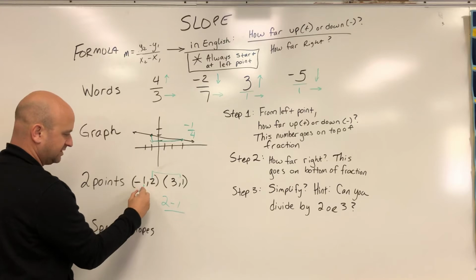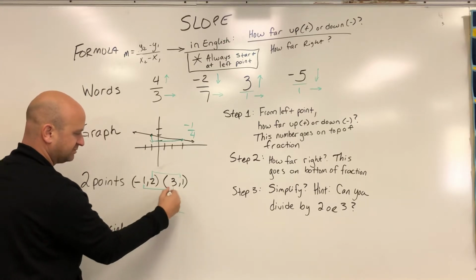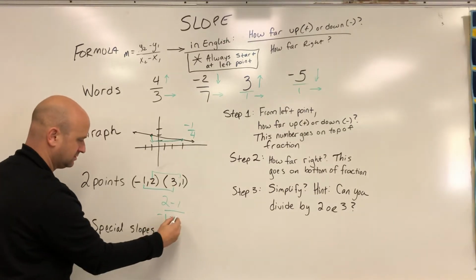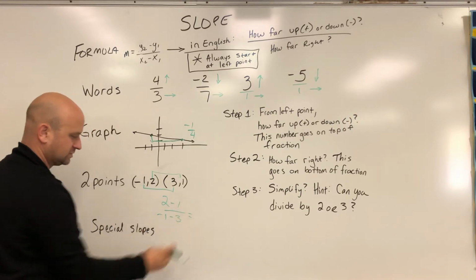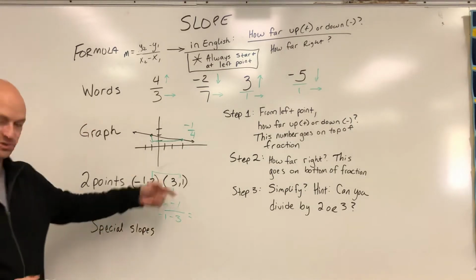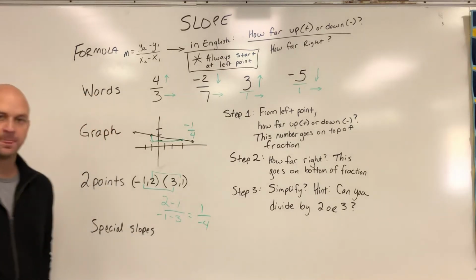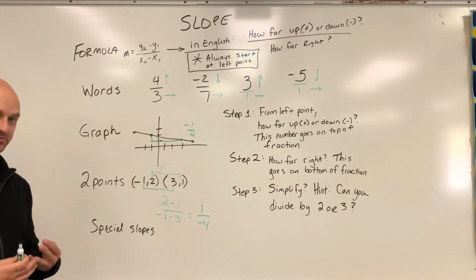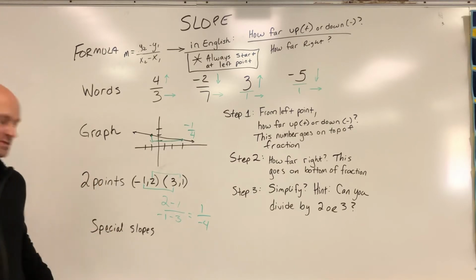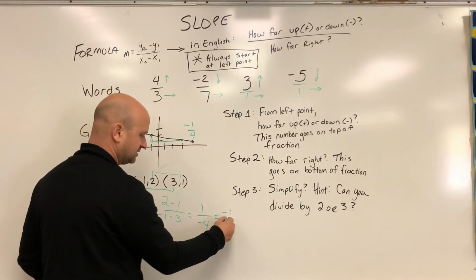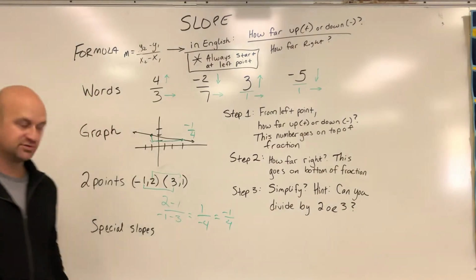Then I have -1, and I'm going to do the opposite of 3. Okay, so in this case then we do 2 minus 1, which is 1 over -4. Now in this case, we can't simplify, but the negative should go with the top part of the fraction. So our final answer is -1/4.